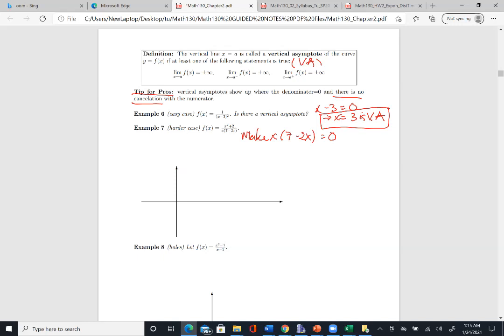Using the zero factor property, you have x equals 0 or 7 minus 2x equals 0. So x equals 0 or x equals 7 divided by 2. That's going to be the vertical asymptotes.